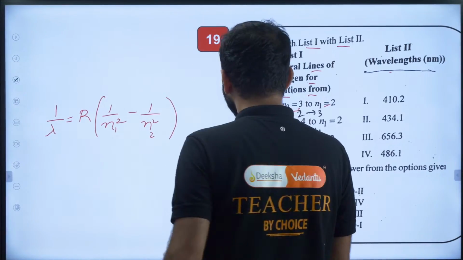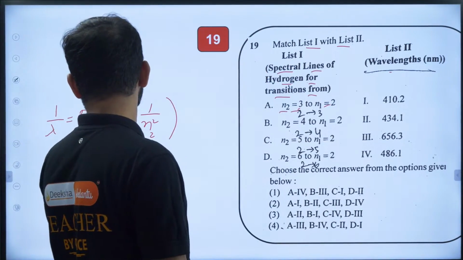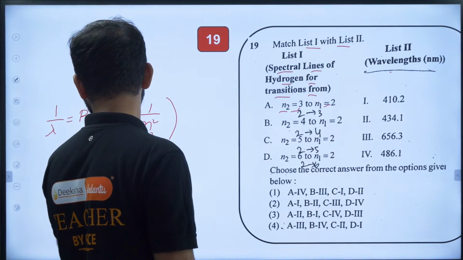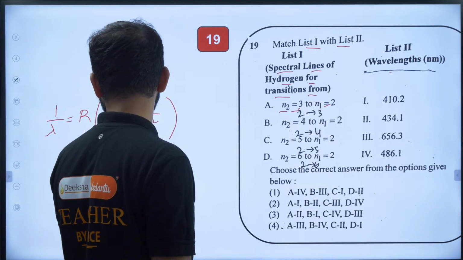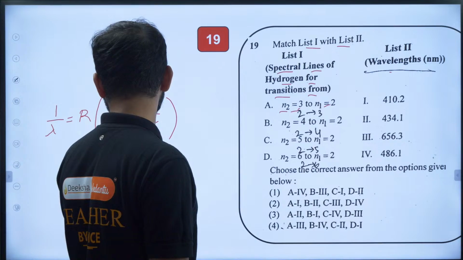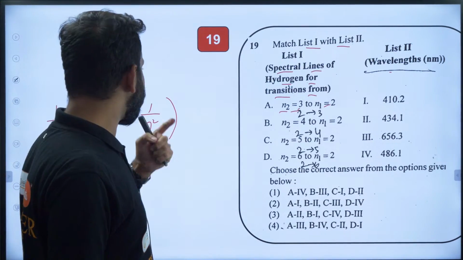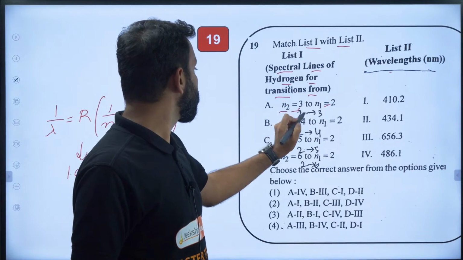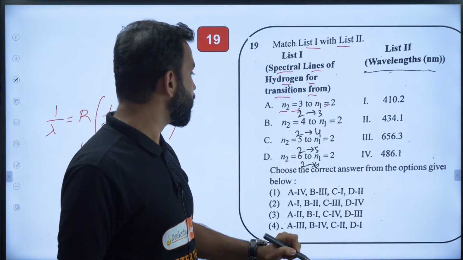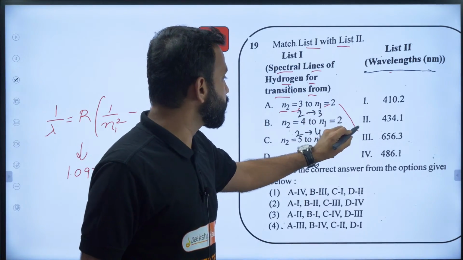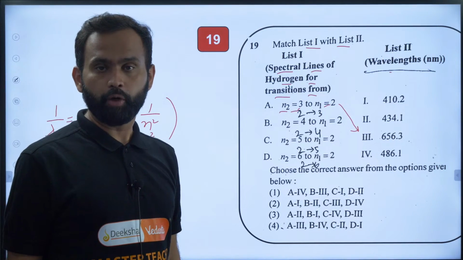R is 1.097 into 10 to the power 7 per meter. Now apply this formula, you will get n2 equal to 3 to n1 equal to 1, so A matches with the first one, 656.3.